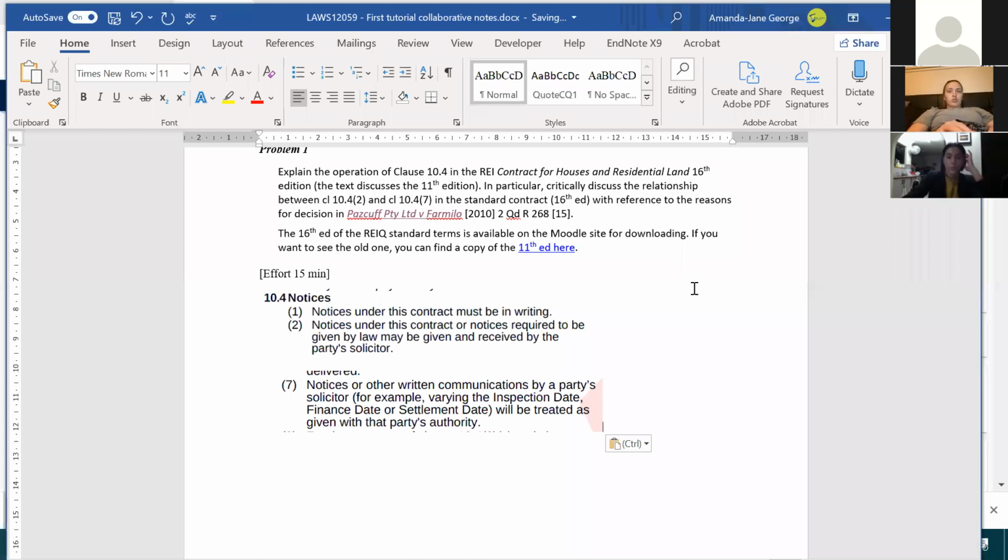Did I hear you say in the introductory Prezi when you were talking about that, though, that it's not necessarily just the solicitor? It could be anyone in the solicitor's office that has been granted, let's say, powers by the solicitor to conduct business for the solicitor as well. Was that correct? That under the contract, the stipulation is solicitor.